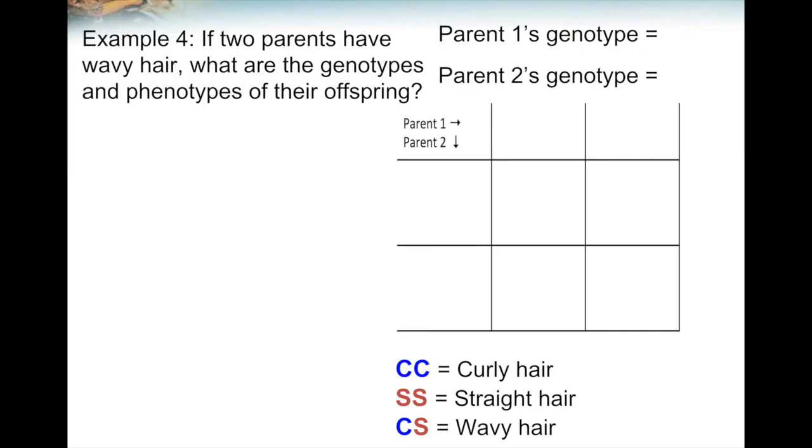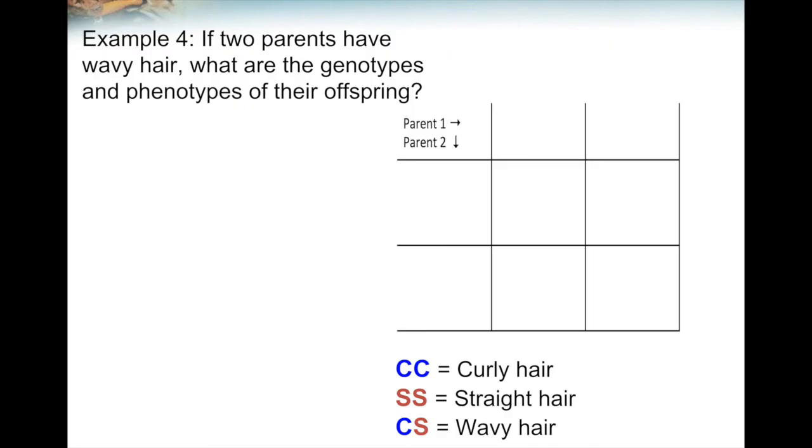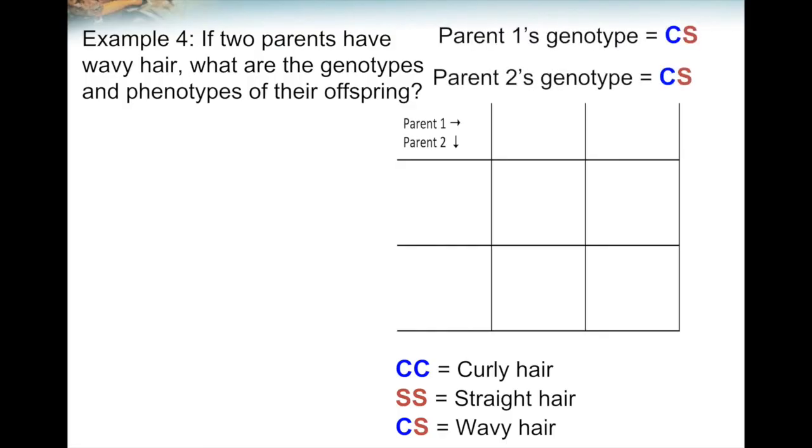So I want you to do this example on your own. If two parents have wavy hair, what are the genotypes and phenotypes of their offspring? Because both parents have wavy hair, and we already figured out that wavy hair is CS, the genotype of parent 1 and parent 2 would be CS, or heterozygous.